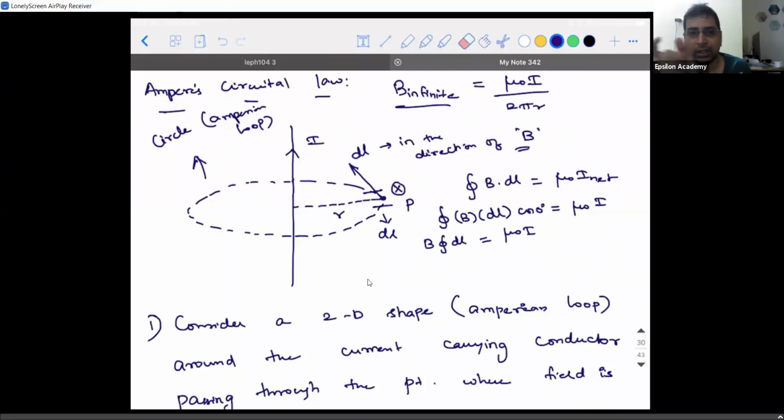You will get the circumference of the Amperian loop. So B into 2 pi R will be equal to mu naught I. So how much is going to be the value of B? Which implies B is equal to mu naught I divided by 2 pi R.